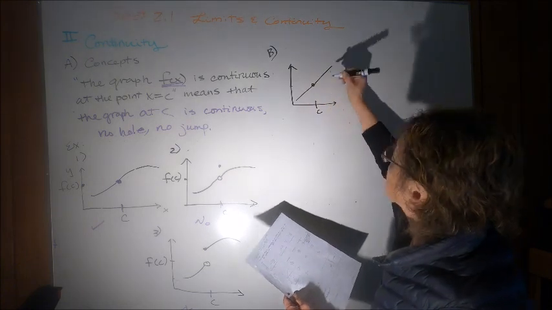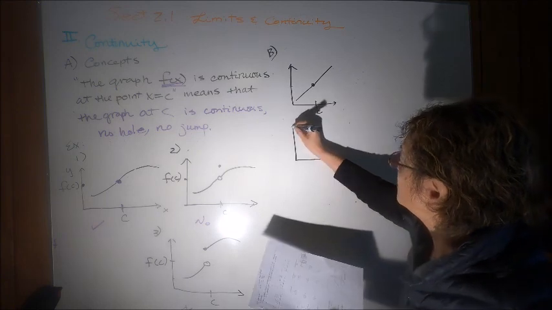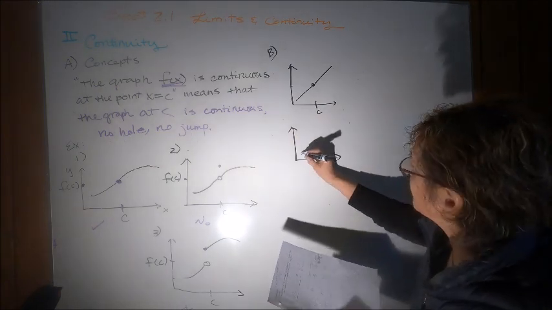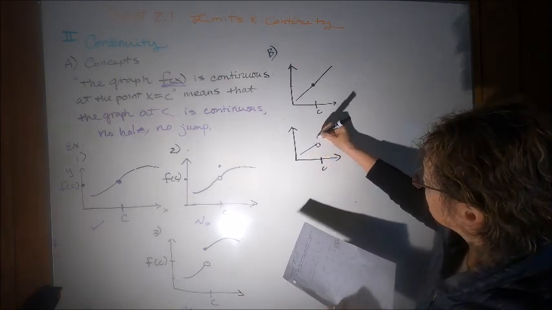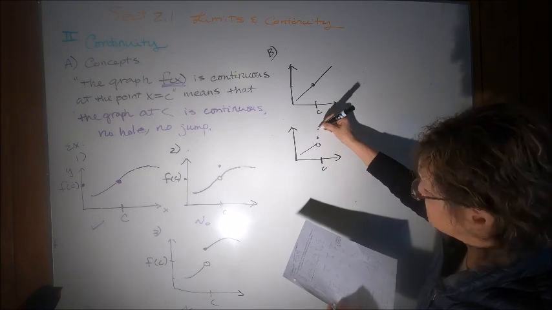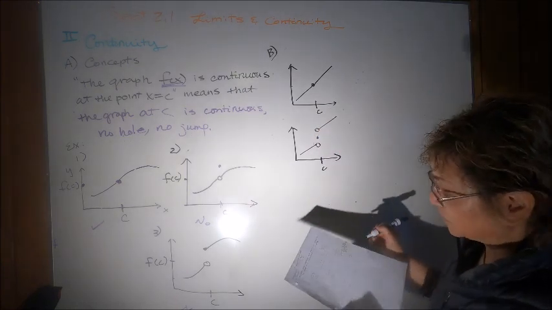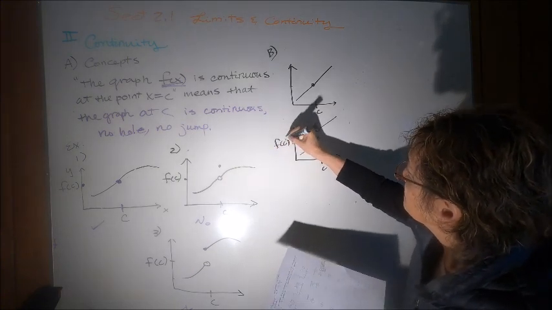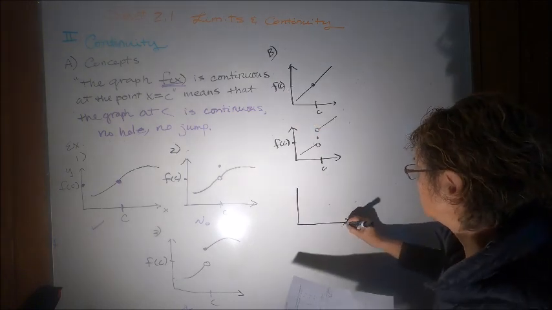You have a graph like this with a hollow point. For the second one, that's our c, we just use a simple straight line. So I'm going to do that here, here, and here. Let's see what that means. That's my f of c, my y value at this point c.